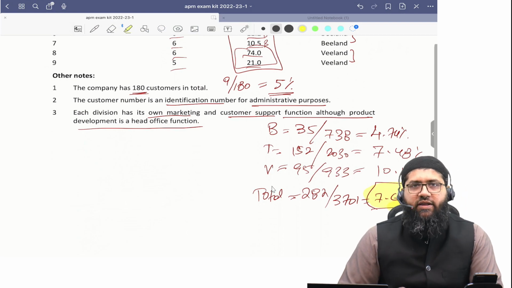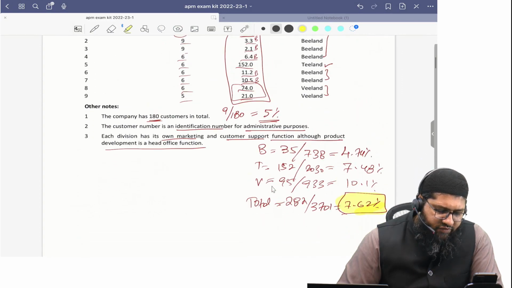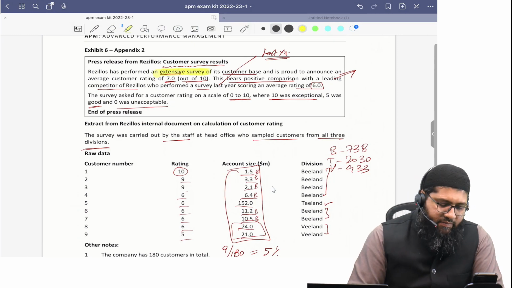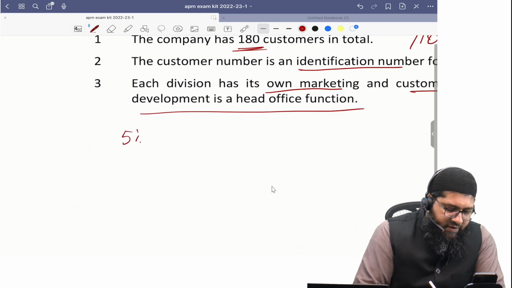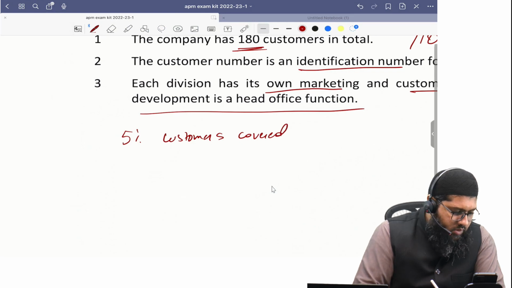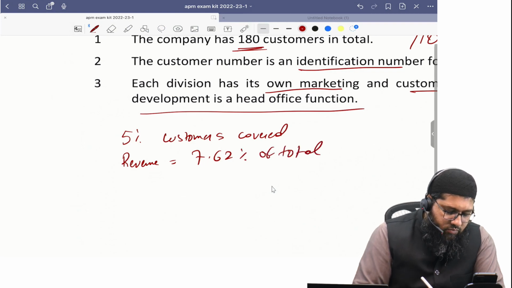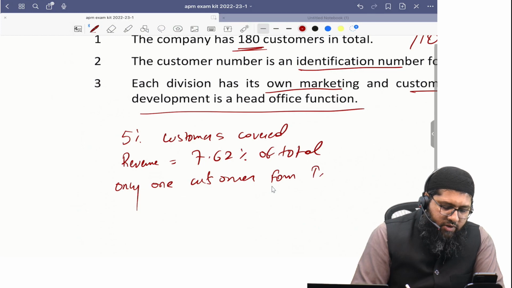Now just try to understand a few things so that you can have an idea of what's going on. You talk about performing an extensive survey of its customer base. The problem is that only 5% of customers were covered. Revenue covered is 7.62% of total revenue. Only one customer from T-land.